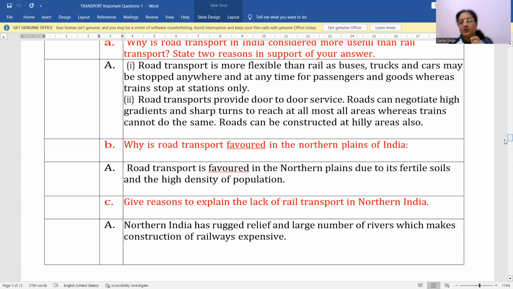Door-to-door service is provided only by the roads, not by any other means of transport. Okay. Then roads can negotiate high gradients and sharp turns to reach almost all areas, whereas trains cannot do the same. Roads can be constructed at hilly areas also, right, over the undulated areas also.